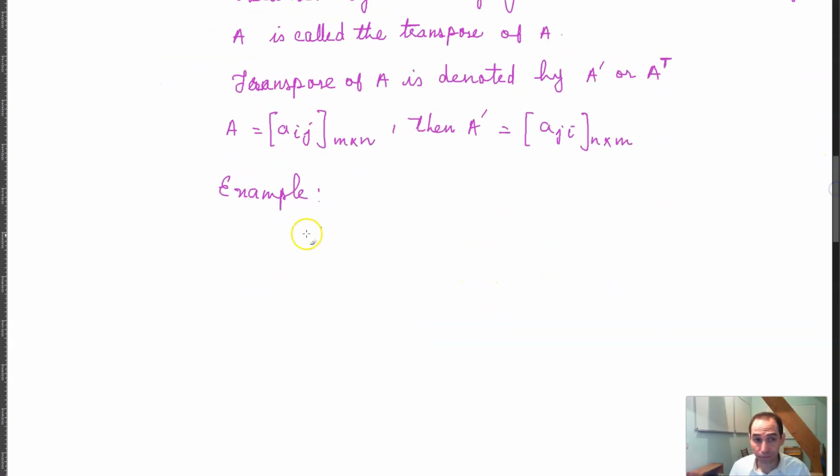A is this matrix here: 3, 5, and square root of 3, 1, and 0 and negative 1/5.